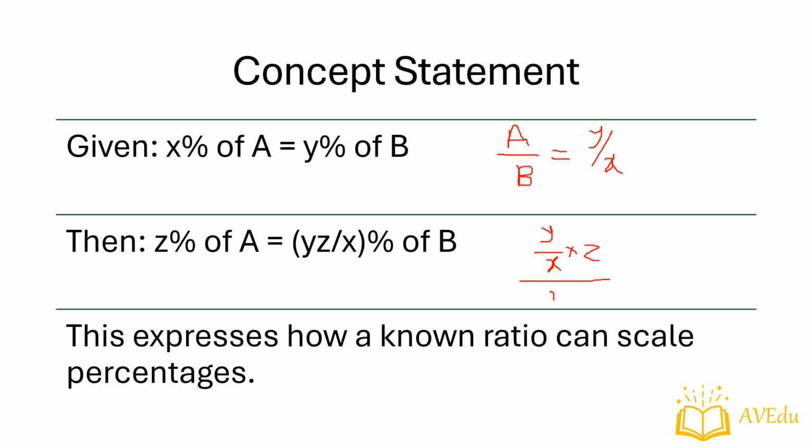So we divide it by 100 and multiply the whole thing by B. This expresses how a known ratio, that is y over x or A over B, can scale a percentage.